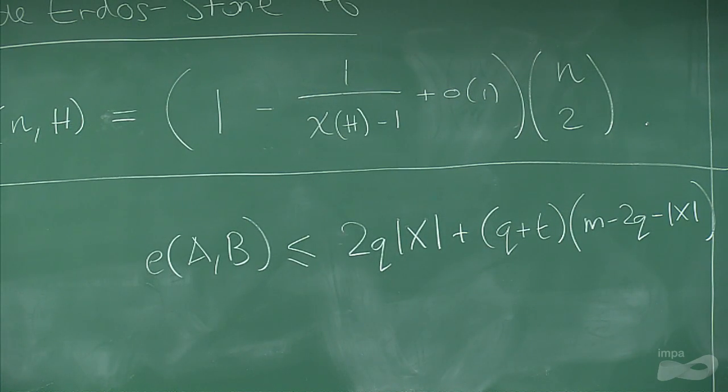So the vertices of x can send as many as they like. The rest of the vertices can only send at most q plus t. And I don't care about equals, we're going to win by miles.